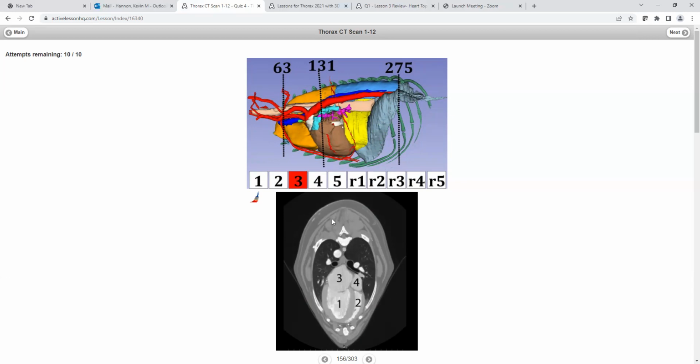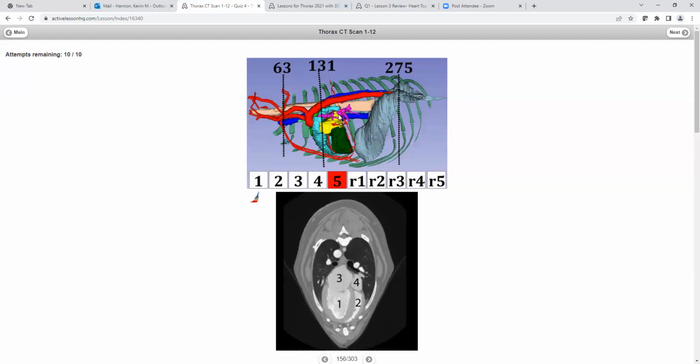They're a little intimidating at first, but let's go back to what are 1, 2, 3, and 4. So we have discerned that this is in the heart, and now you have to start using all of your knowledge. These are obviously going to be chambers of the heart. So what chambers are ventral in the heart? Well, 1 and 2 are probably going to be ventricles, because if you go through and expose the chambers of the heart, you learned that this was the left ventricle, this is the right ventricle.